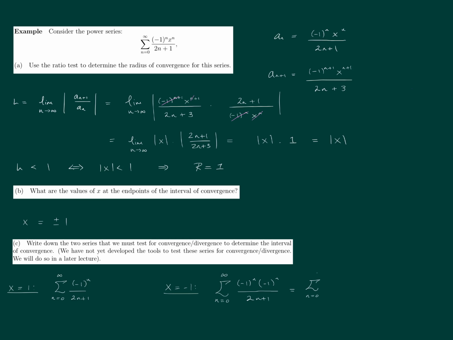So this is the sum from 0 to infinity of 1 over 2^(n+1). Okay, and as the question says, we don't yet have the tools to determine whether these series converge or diverge, but we'll develop them at a later lecture.